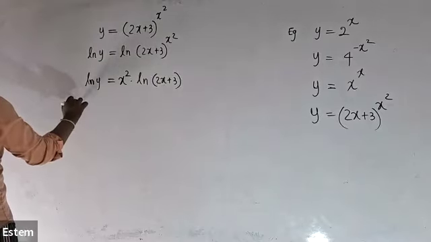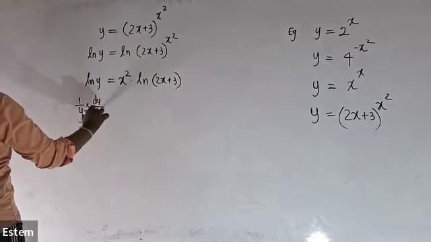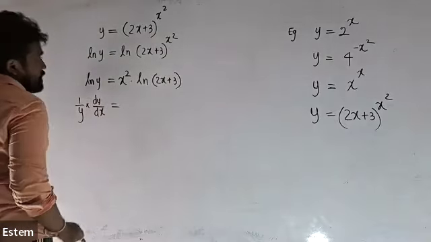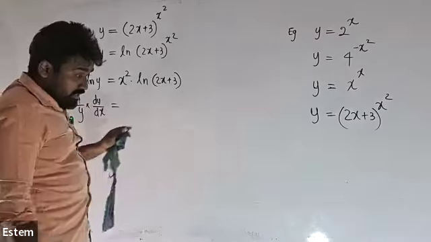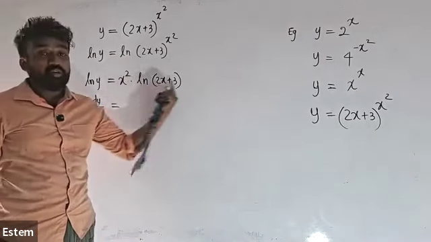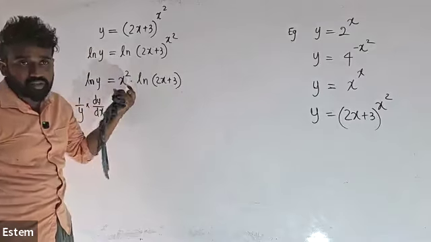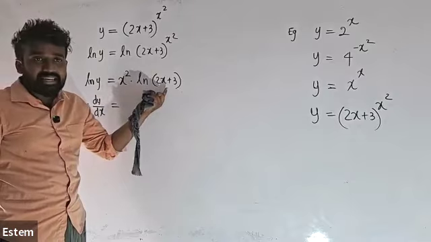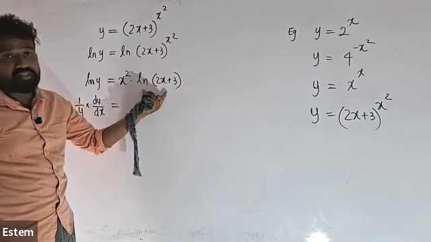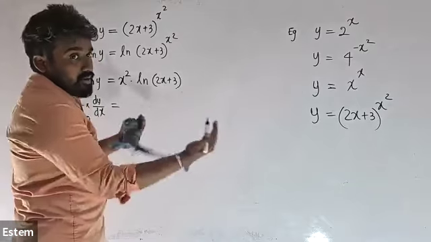Now we can differentiate 1 over y into dy over dx, and please be careful. There are two functions, x squared and ln of 2x plus 3. Both are x functions, so this ln is not just a number, it's a function. So we have to differentiate like we differentiate a product.